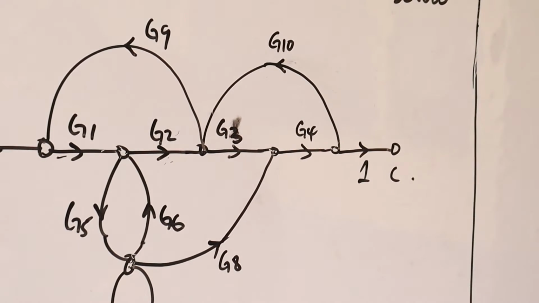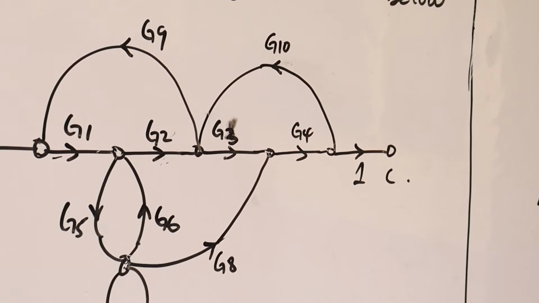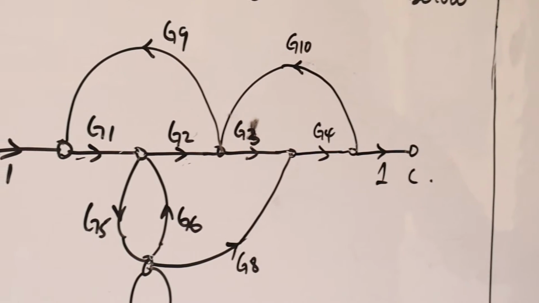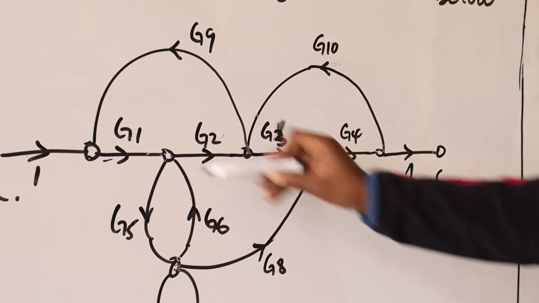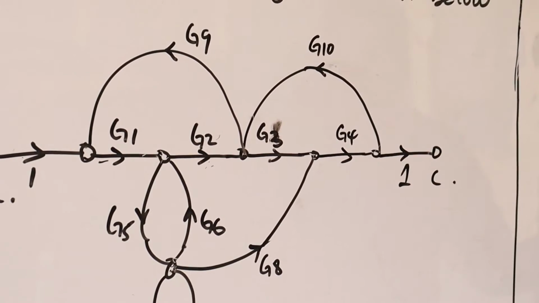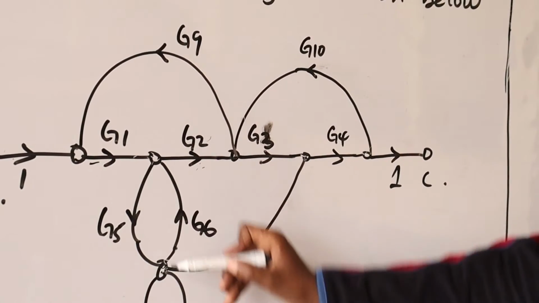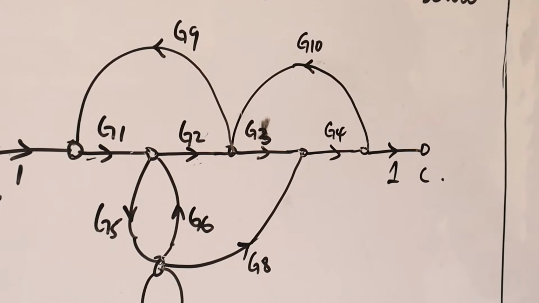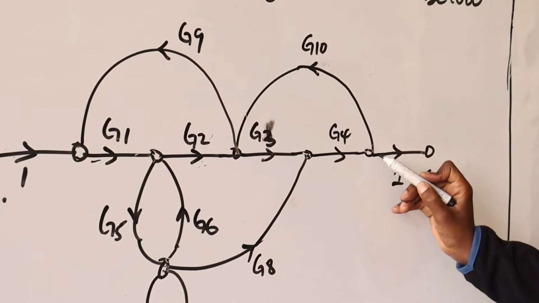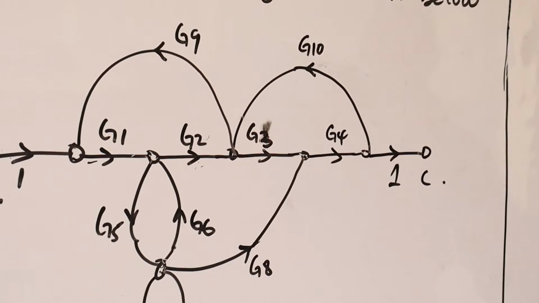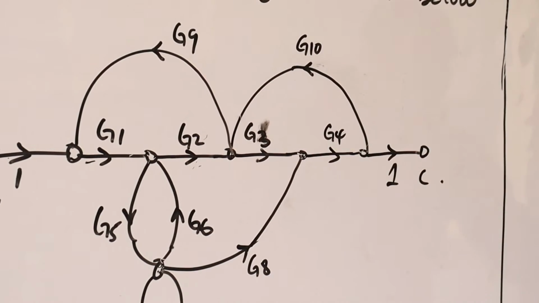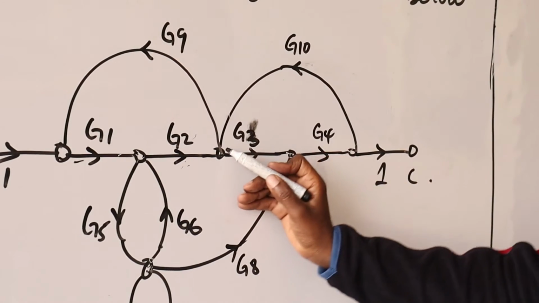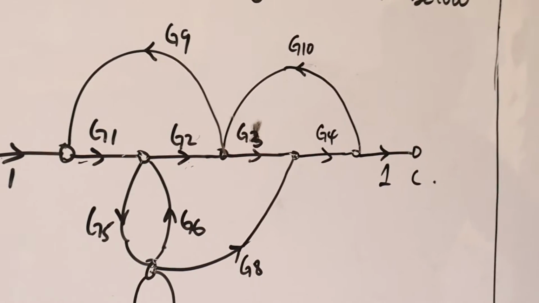So we have a path G1, G5, G8, G4, then it is going back through G10, then using G9 up to G1 where it started from.